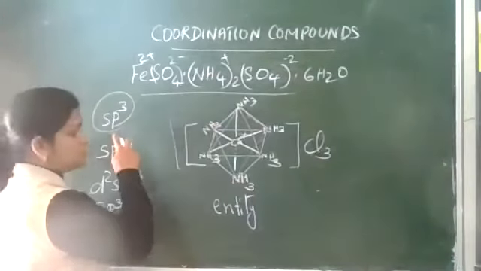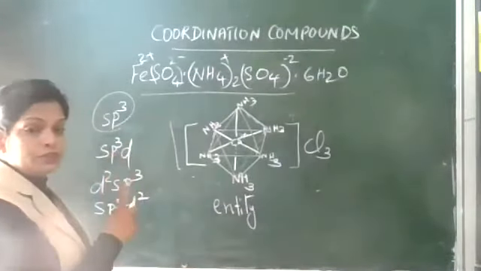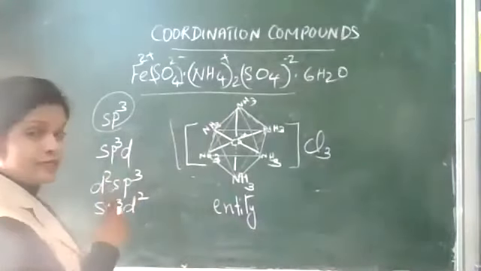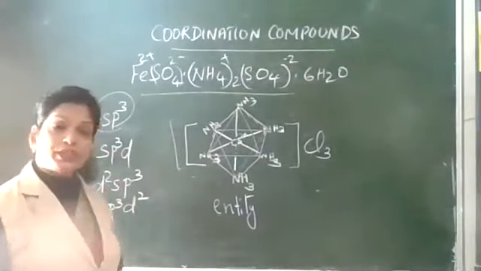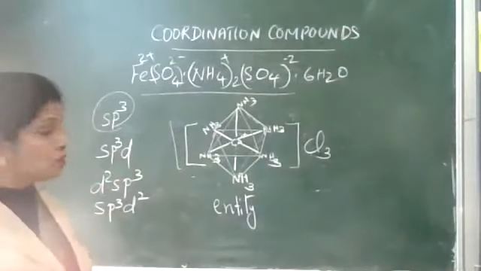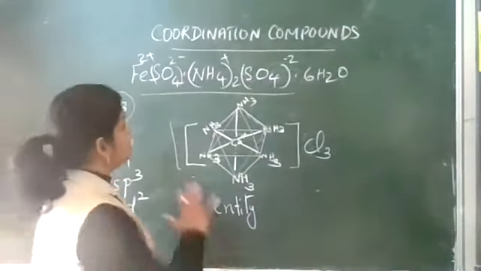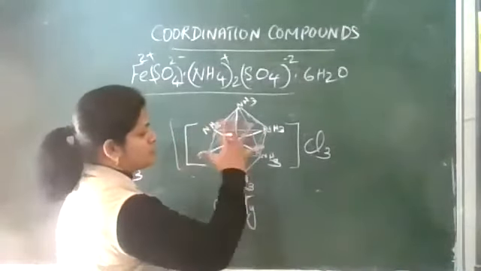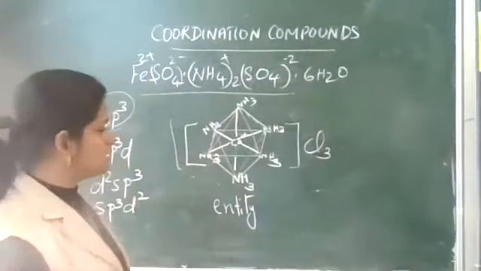If it is sp3, tetrahedral; sp3d, trigonal bipyramidal; sp3d2 or d2sp3, octahedral. So this is a coordination compound.